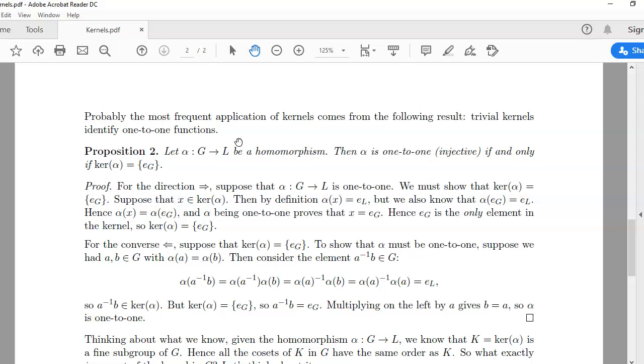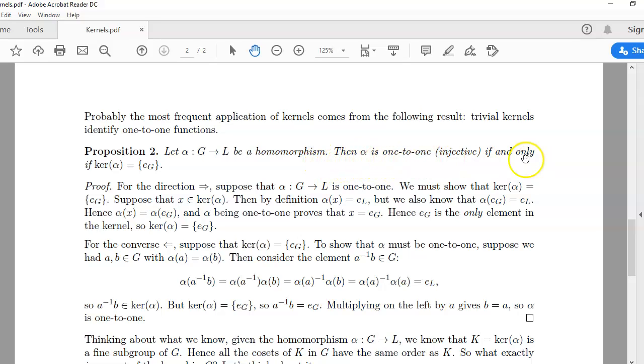Here is a handy way to tell if a homomorphism that you're handed is one-to-one. This is actually the same theorem you have in linear algebra. You learn that a linear transformation is one-to-one if and only if the kernel is the trivial subspace. And here we have exactly the same theory in group theory. Suppose that alpha from G to L is a homomorphism of groups.